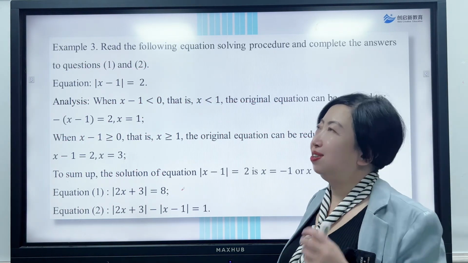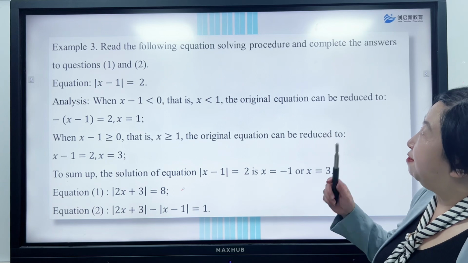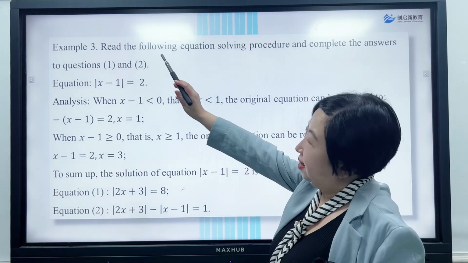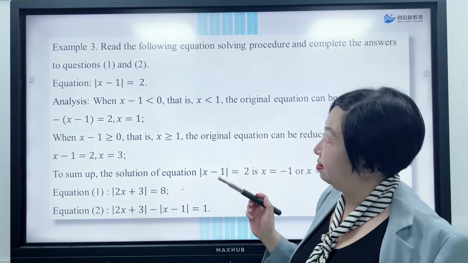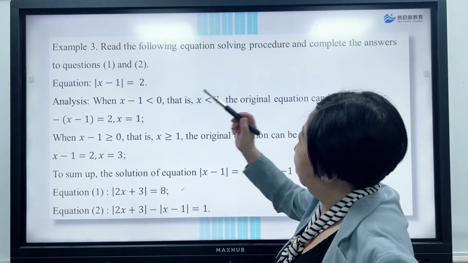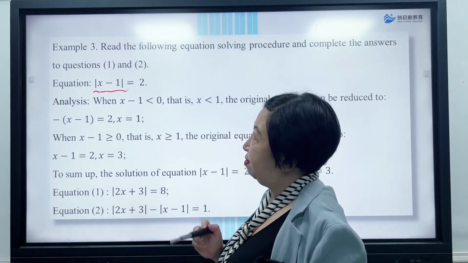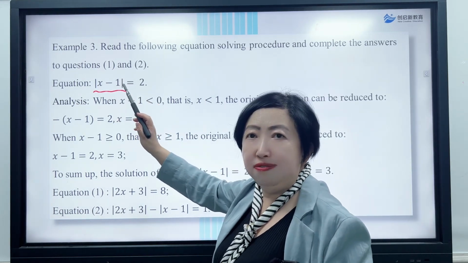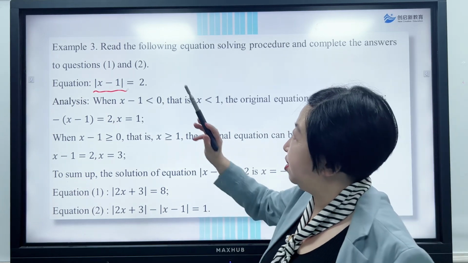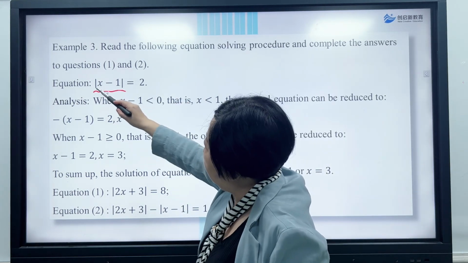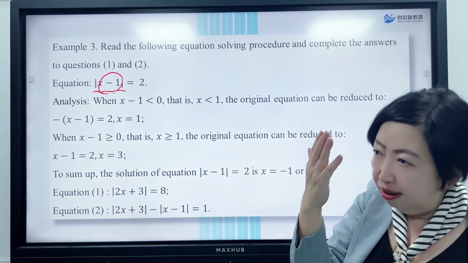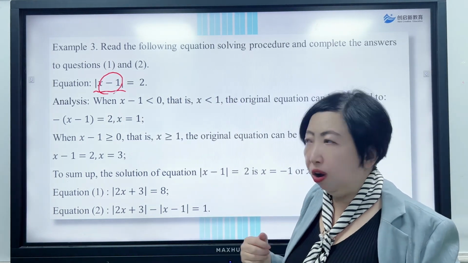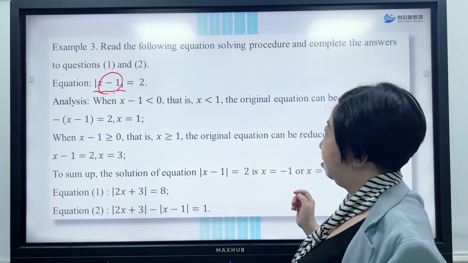Let's go on to learn some examples of equations with absolute value. For example, the absolute value of x minus 1 equals 2. Of course, x minus 1 is either bigger than 0 or less than 0.